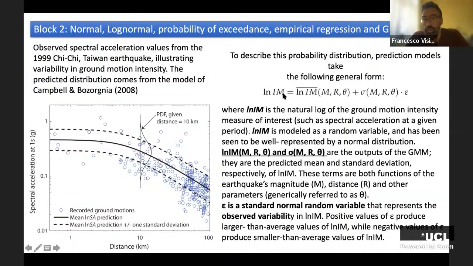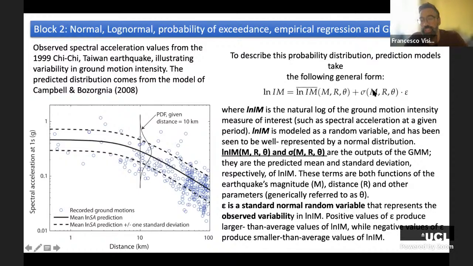We work with the natural logarithm of the ground motion, for the reason I said before. It is a function of the mean logarithm, which is a function of magnitude, distance, and many other parameters, for example, style of faulting, VS30, the soil condition, and so on.